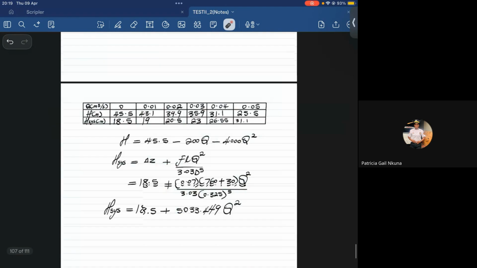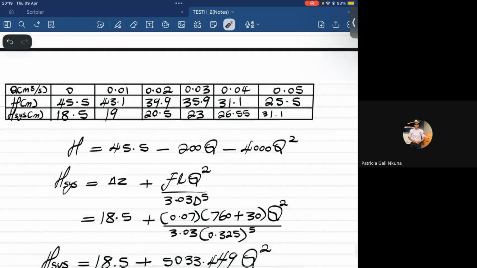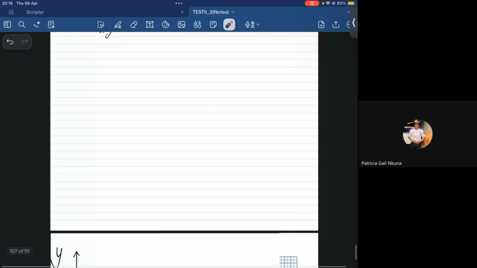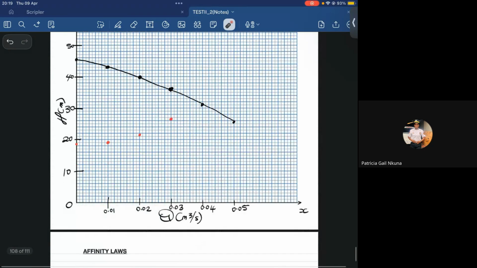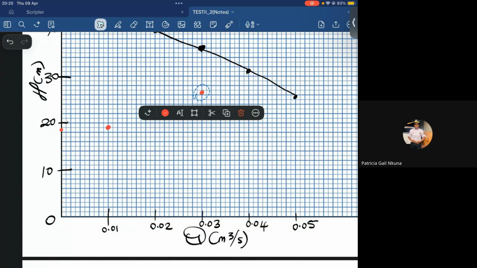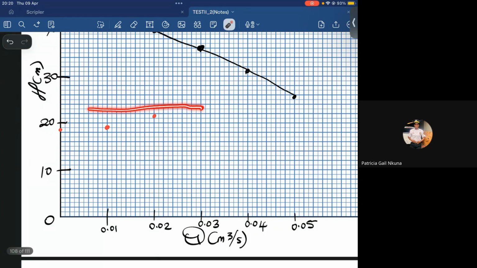Let me go back. Oh, yes, you are right, thanks. It's 0.03 and 23. Let me shift this to 23, somewhere here. So 0.03 and 23.